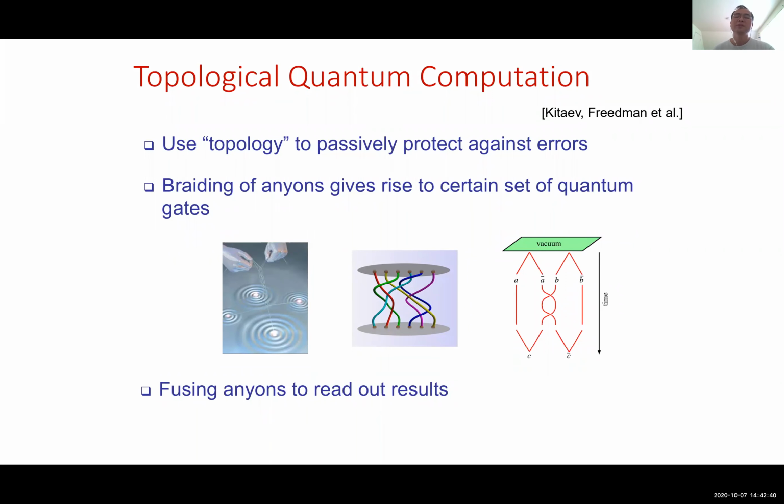So first, let me give you an overall picture of topological quantum computation. Basically, it uses some kind of topology to protect against errors.